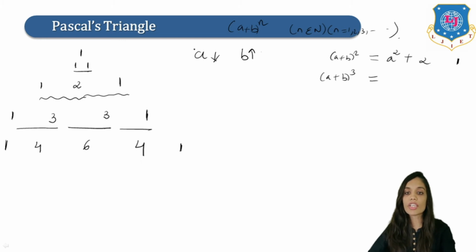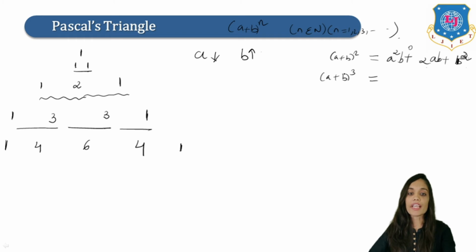Is it clear? Now decrease the power of a. So we will have 2a, and here the power of a will go to 0. Now start increasing the power of b. So it will start from b raised to 0, b and b square. So you can see we have obtained the formula of (a + b) whole square as a square plus 2ab plus b square.